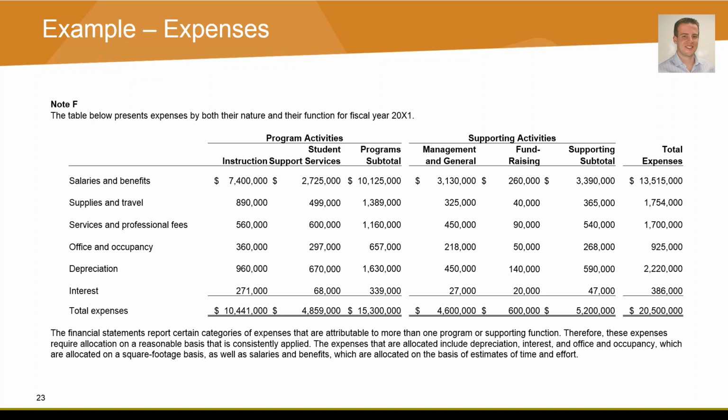In the past, in a lot of footnotes I've seen, it says we allocated on a reasonable methodology. Well, it doesn't give you a lot of information there. Here we say they are allocated on a square footage basis, so that's your facilities and your depreciation costs. And then your salaries and benefits, which are allocated on the basis of estimates of time. So, the head of school who spends 50% in fundraising and then the other 50% between program and G&A, this is what that's talking about to allocate those costs.